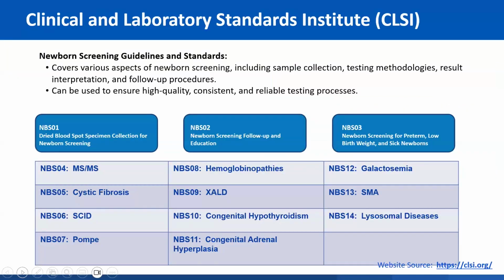Programs should also take a look at the Clinical and Laboratory Standards Institute, which is CLSI. CLSI has a wonderful resource that has a large suite of newborn screening guidelines and standards. So you can see there are reports and standards that cover various disease-specific issues, and they address things like sample collection, testing methods, result interpretation, and follow-up procedures that really cover the gamut of a lot of the issues that the newborn screeners would need to address.